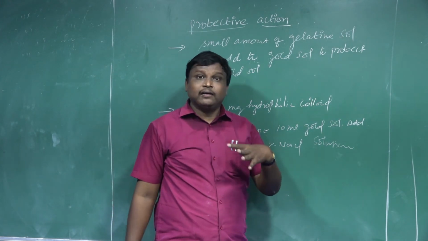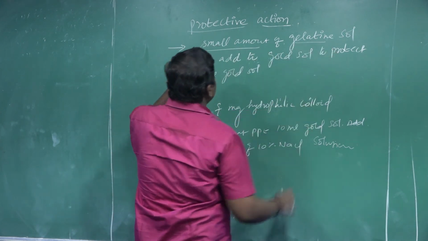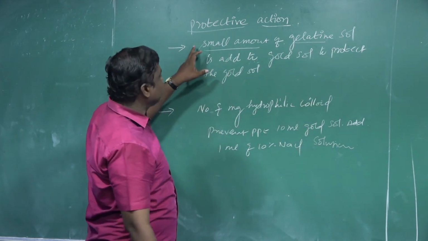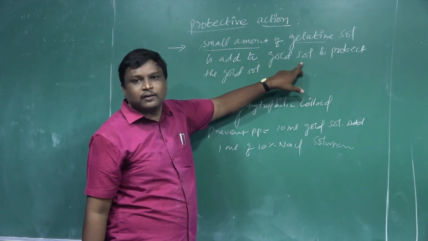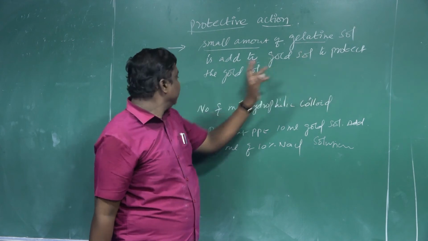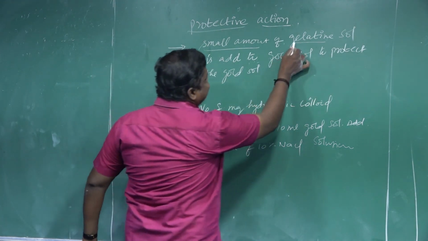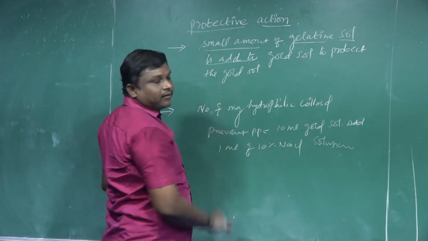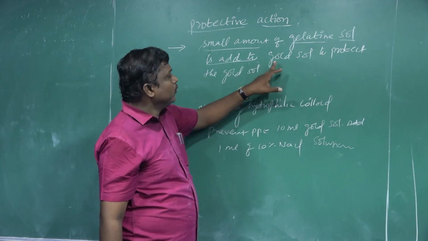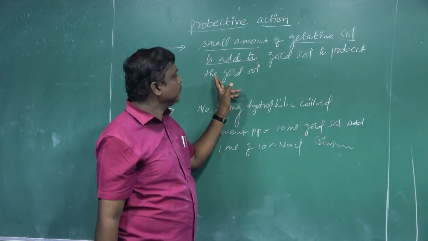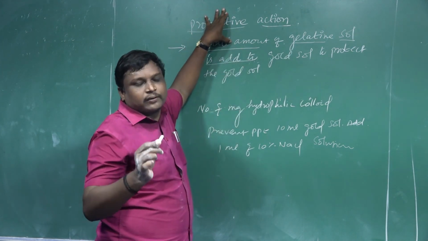But when a small amount of gelatin salt is added to gold salt to protect the gold salt, this is known as protective action.